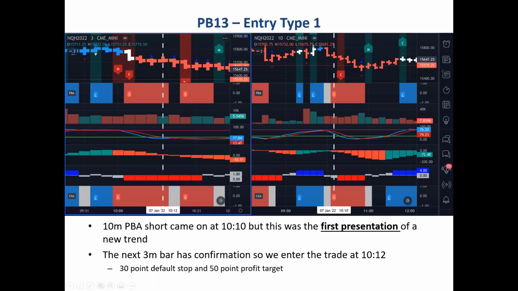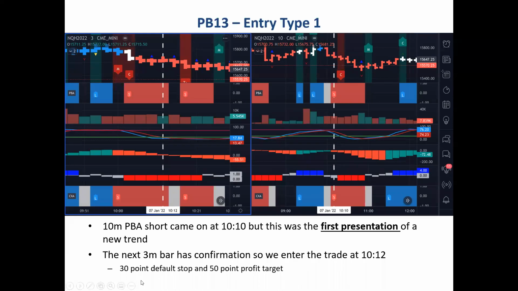But in this case, you would actually need to scroll down your DOM and adjust your stop to 30 points instead of 20 points, because we have our DOMs set up to default to 20. And that's because we typically have more trades that are catch trades than we have trending trades. And so it's just easier to adjust on the fewer trades that are trending trades.